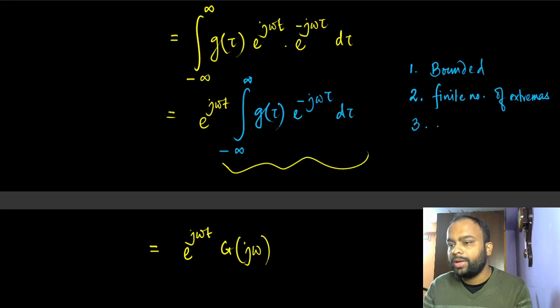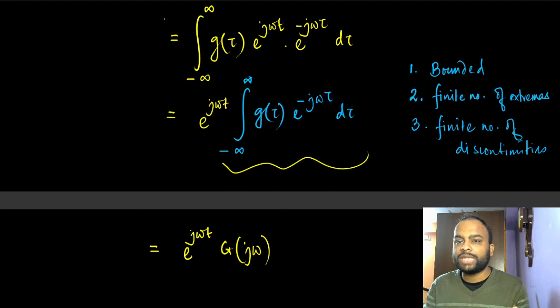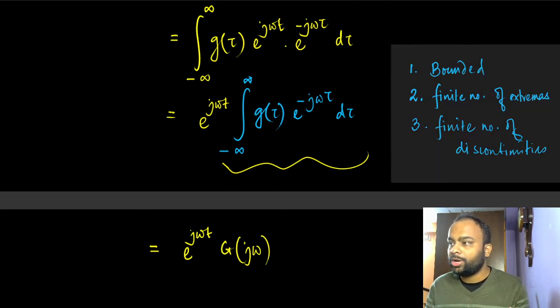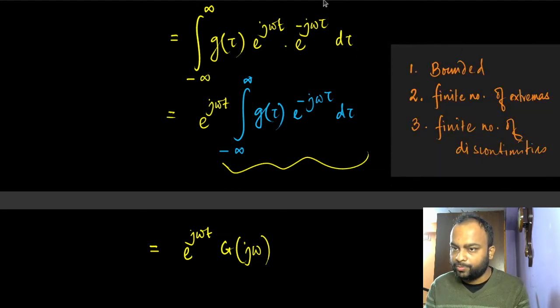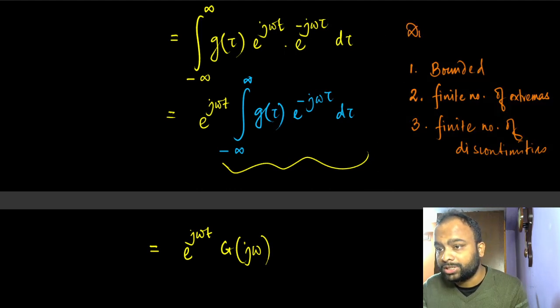And number three, this signal should have only a finite number of discontinuities. So this signal should satisfy these three conditions in order for the Fourier transform to actually exist. These are named after Gustav Dirichlet.